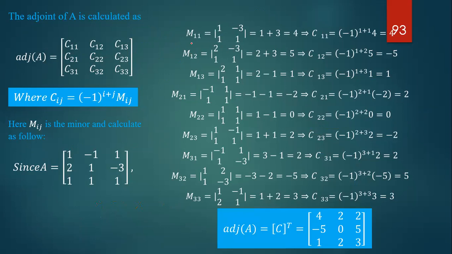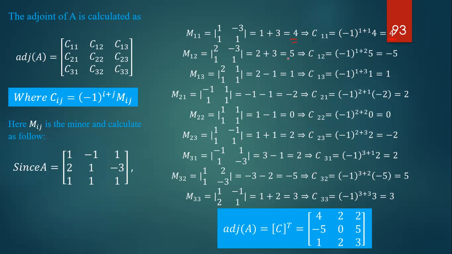So minors are calculated. Then the Cij parts must be calculated. Cij equals minus 1 to the power of i plus j times Mij. Here we have M11 equal to 4, so C11: minus 1 to the power 1 plus 1, which is 2, is positive, so we get positive 4.